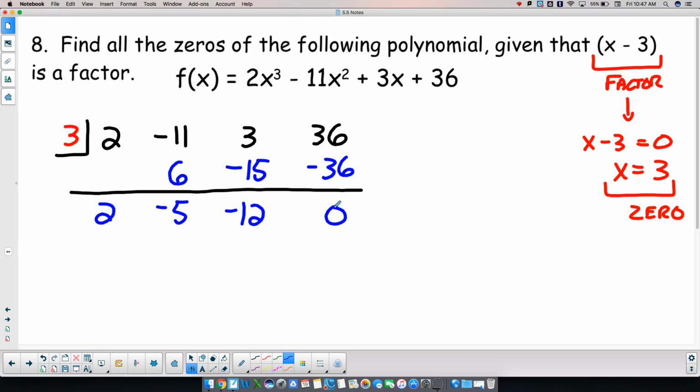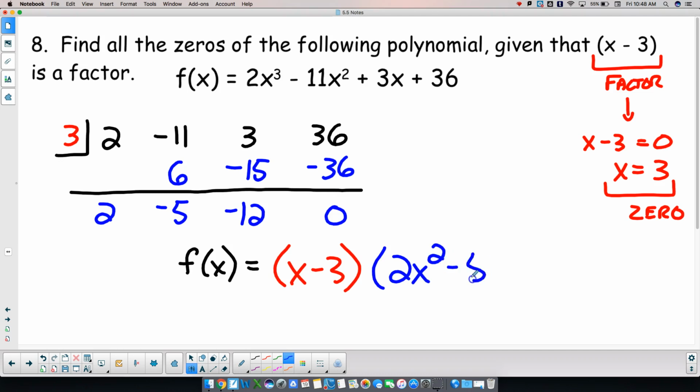Some of you are just realizing that this was like 3 examples ago. Okay? But it's not. Because 3 examples ago, we stopped at bus stop number 2. Right? Now we're stopping at bus stop number 3. Yep. Okay? So it is the same up to a point. This time now, we just have to go further. So f of x here is equal to x minus 3, and then 2x squared minus 5x minus 12.